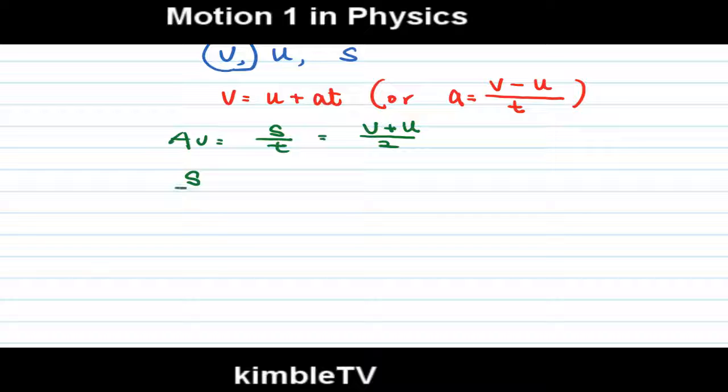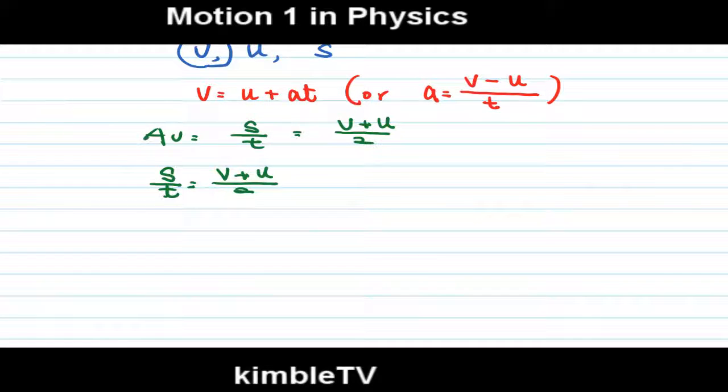Therefore, s on 2 equals v plus u on 2. I will simplify this one. I will make s the subject. s equals (v plus u) over 2 times t.